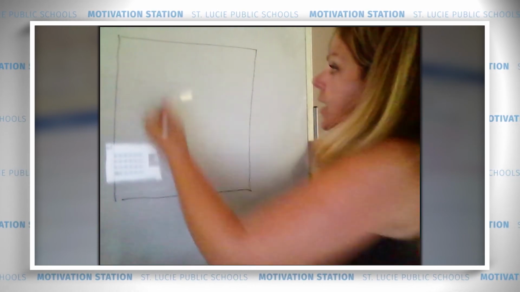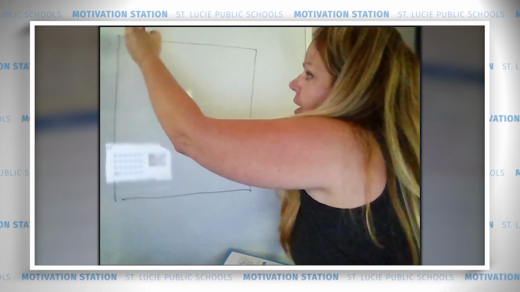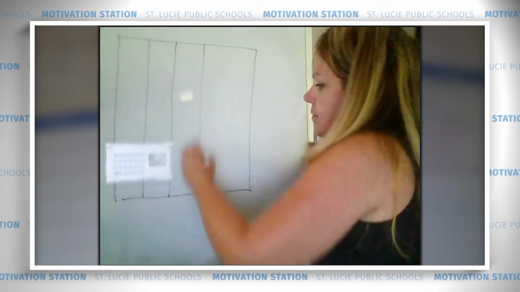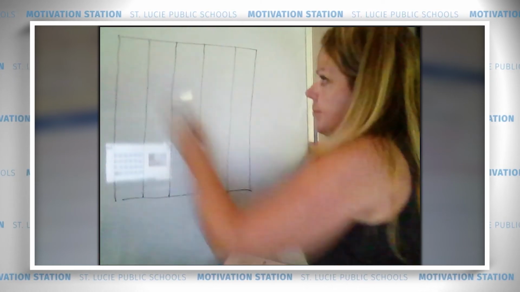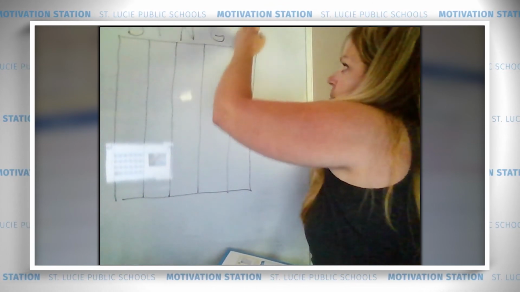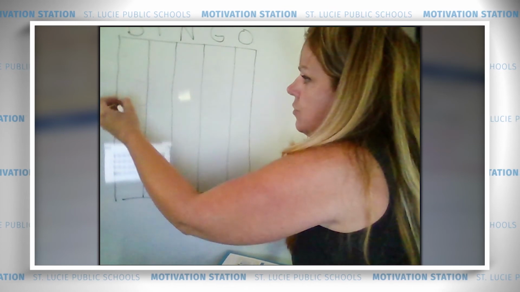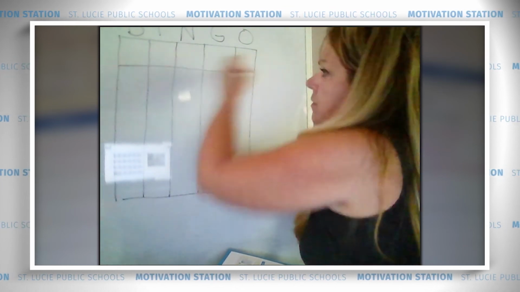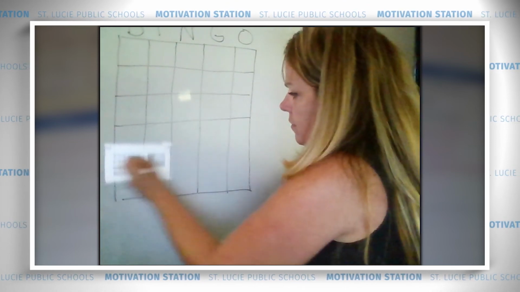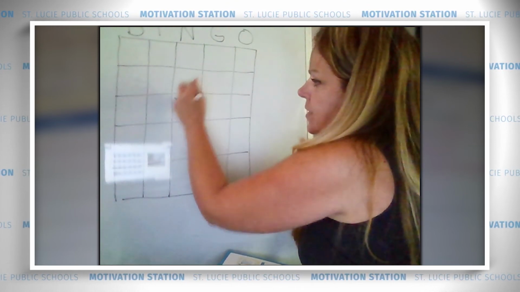And we should have 5 spaces. Okay, and I'll try to do the same here. Trying to make it even. Okay, the center is always a free space.